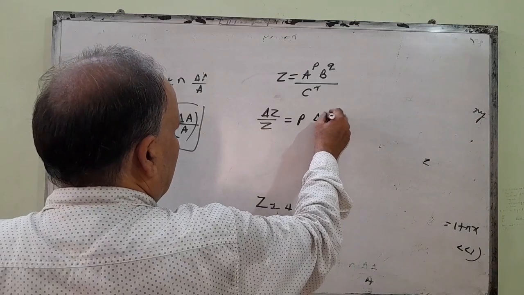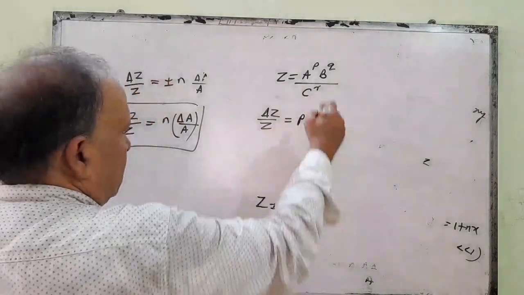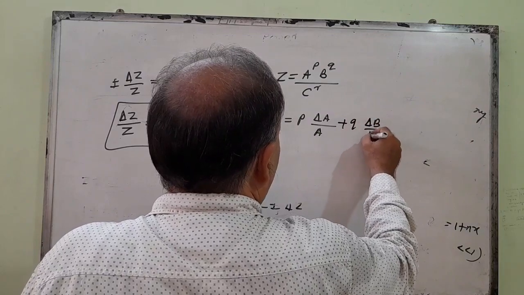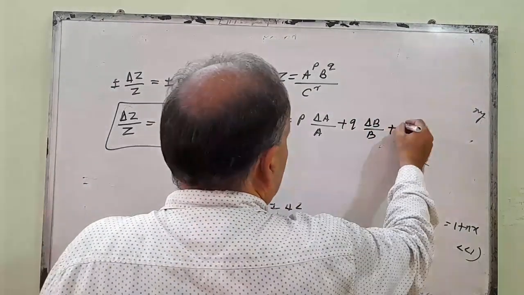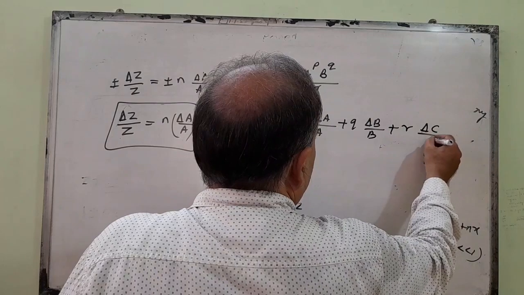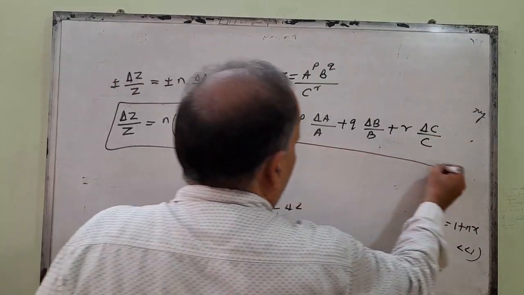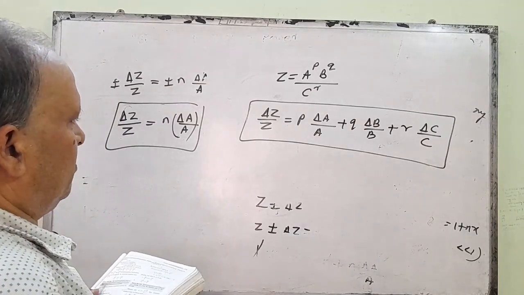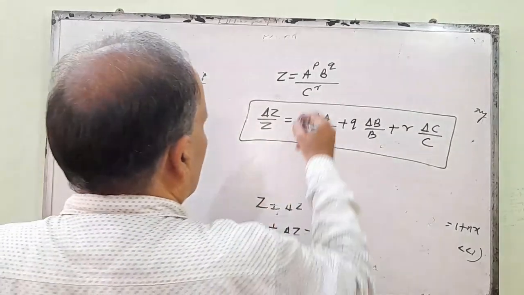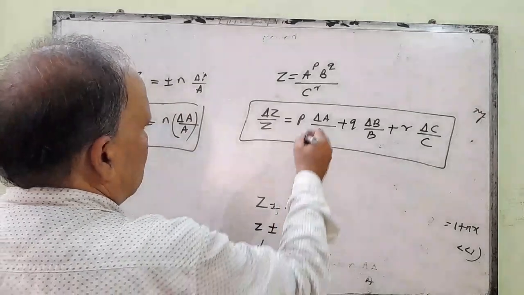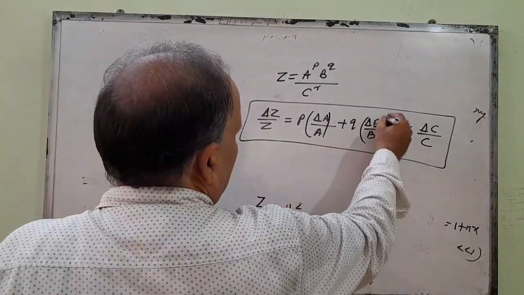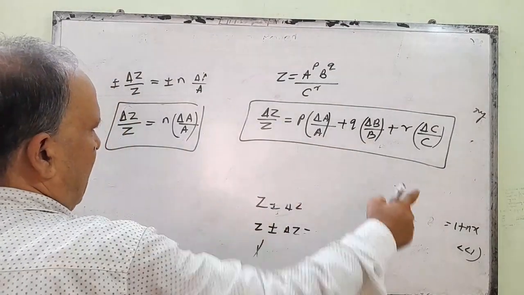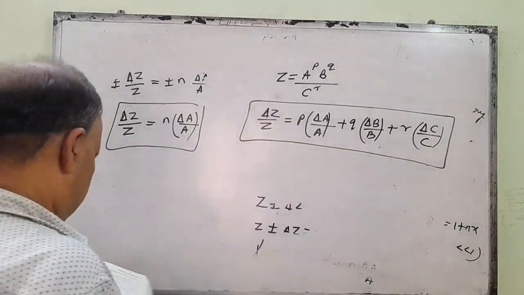P into delta A by A, here this is the product, plus Q into delta B by B plus R into delta C by C. You remember this formula. This is the general formula. That means when the powers are given, you find the fractional error of each measurement and you multiply the power and add, we get delta z by z.